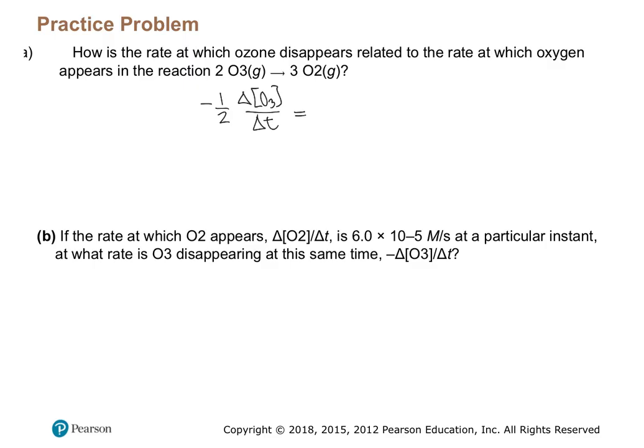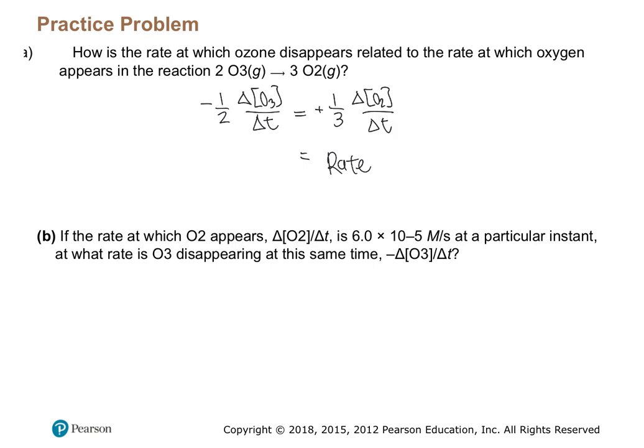That's going to be the same as positive 1 over 3 times change in oxygen over change in time. And so that's how they are related, and they're both equal to the rate of the reaction.